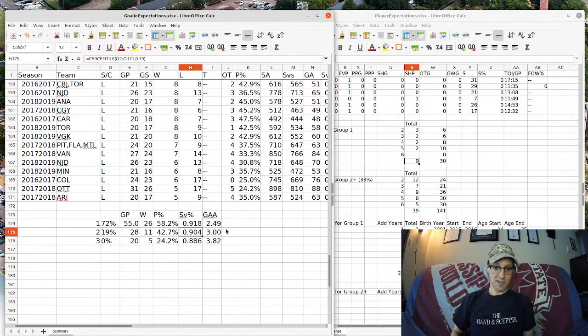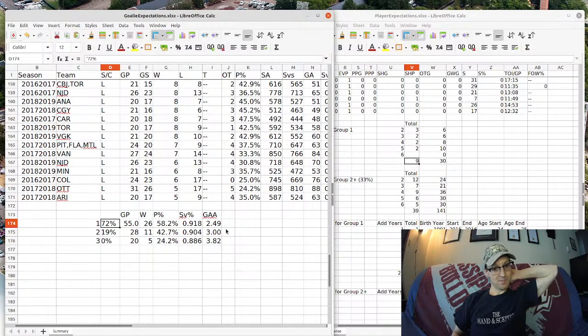And so this actually does make sense, because typically a good starter, like good enough to be a playoff team kind of starter, would be around .918, 2.49 goals against average. And then likewise for a backup, .904 seems pretty much perfect. 3.00 goals against average.